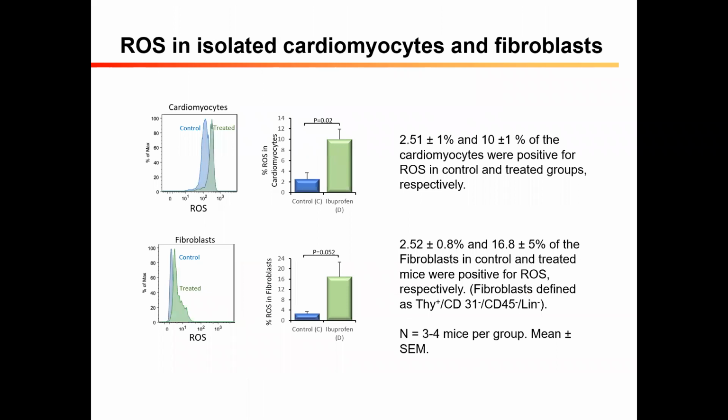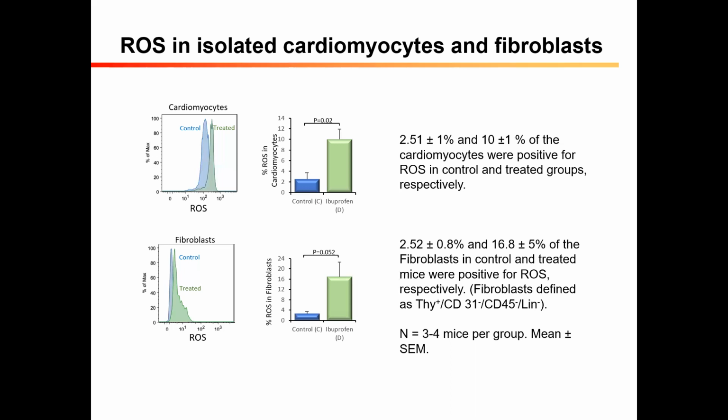I just want to finish off with animal studies whereby we extracted cardiomyocytes from animals after giving ibuprofen, and with the help of Nepavan Jimmy Yanvat's lab in the Genome Center, using flow cytometry, we're able to see very clearly that cardiomyocytes from ibuprofen-treated mice have huge increases in ROS.